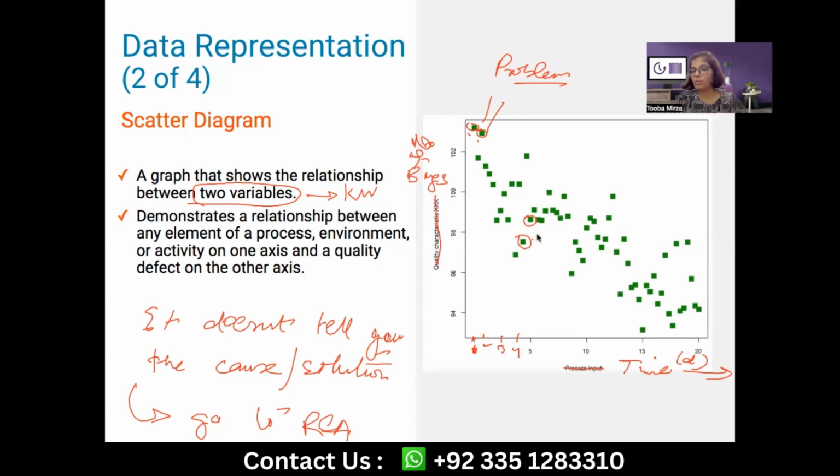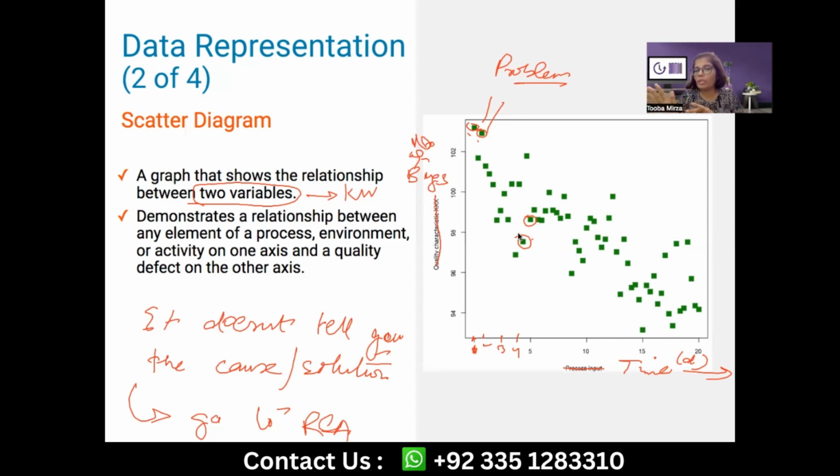So how does that happen? It didn't happen using the scatter diagram. The scatter diagram only represented the data two days ago, and it's representing the data now. Whatever you have done in between is not done via scatter diagram.